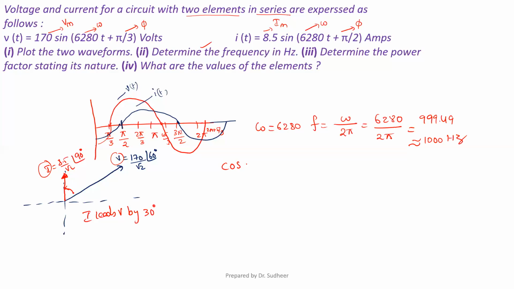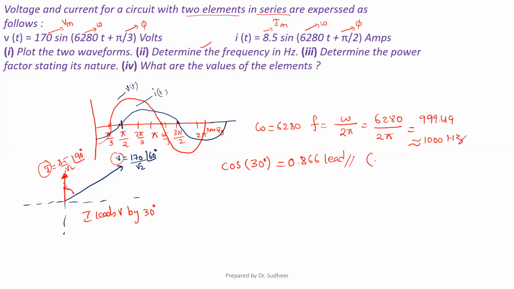Cos of the angle between V and I. The angle between V and I is 60 minus 90, so cos 30 degrees. What is the cos 30 value? 0.866 leading. Why is it leading? Because current leads the voltage.